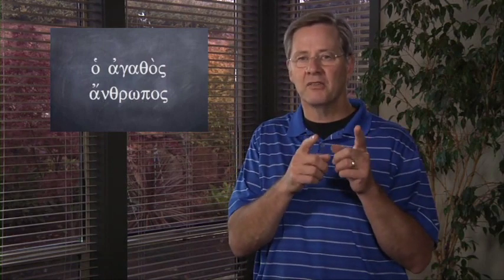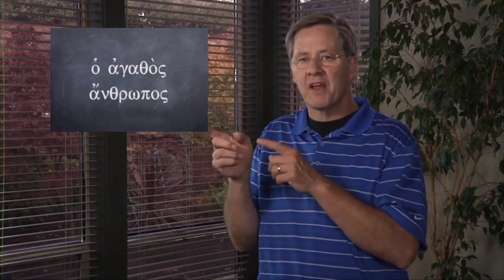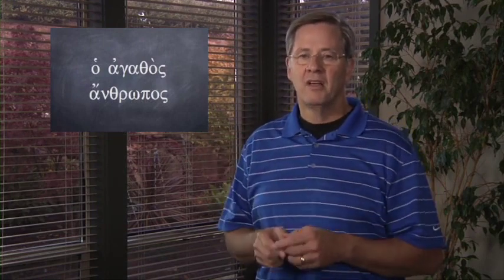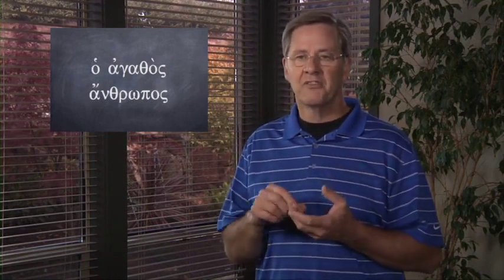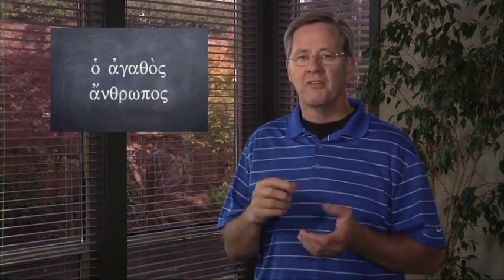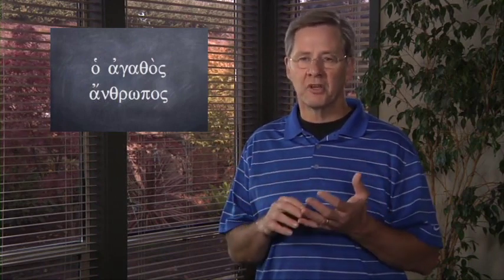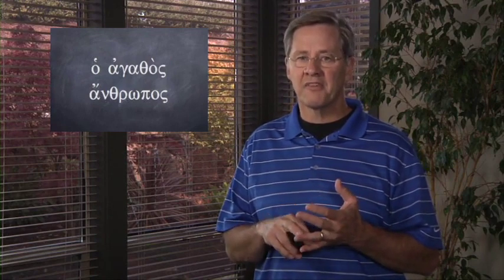Okay, the article right in front of agathos is telling you that agathos is in the attributive position and it's modifying the noun. Now, there actually are basically two positions for the attributive adjective. The first attributive position is this: article adjective noun, or I'd really prefer you to learn it as article modifier noun.